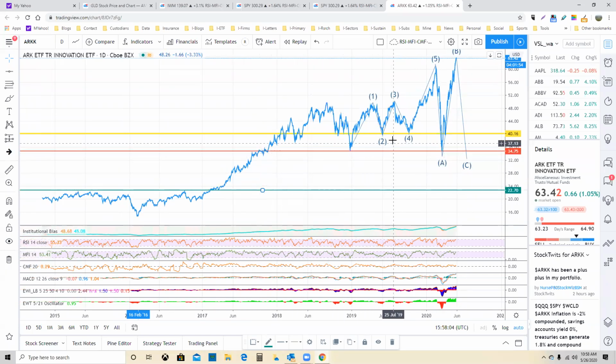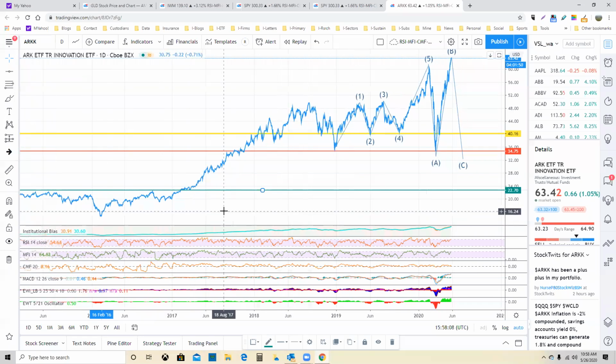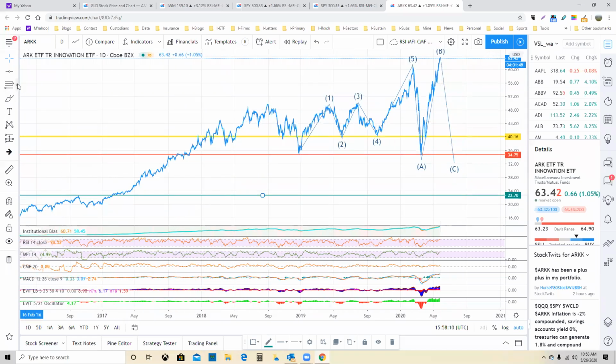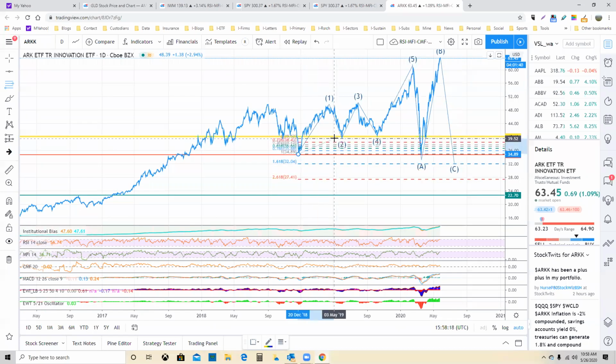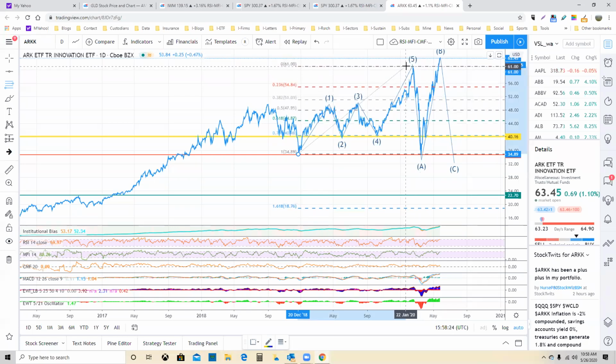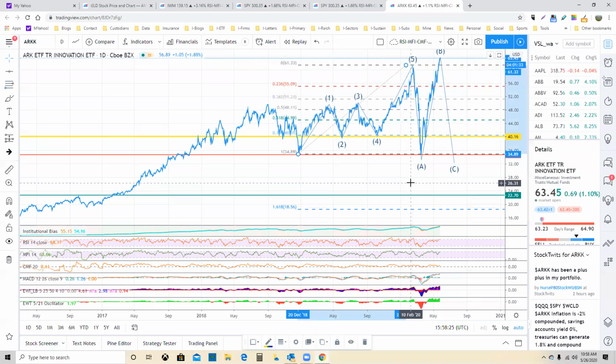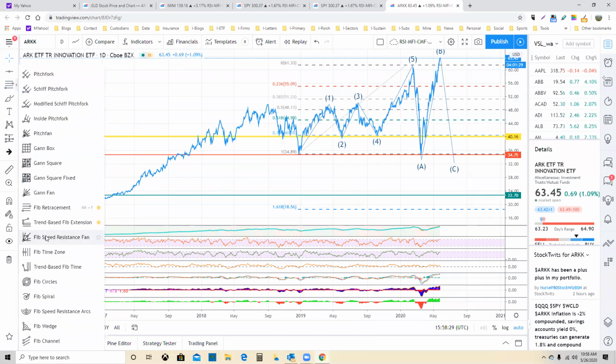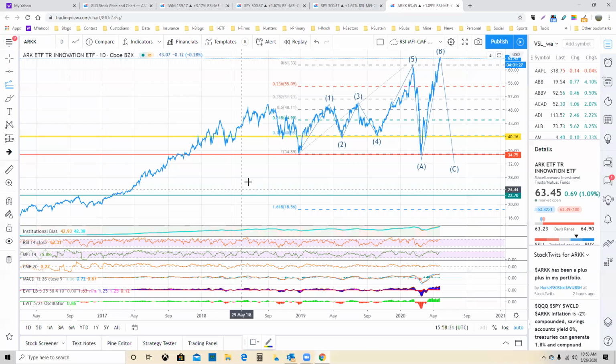I mean, these lines really respect structure here. So if we throw in some fibs, this low to this high, we'll do a retrace or extension, excuse me, extension.